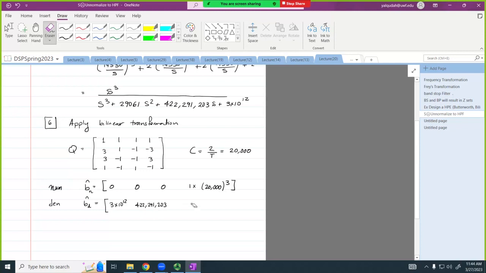Oh, this is multiplied by C, so this is multiplied by 20,000. Then we have 29061 multiplied by 20,000 squared, and then we have 1 multiplied by 20,000 cubed.